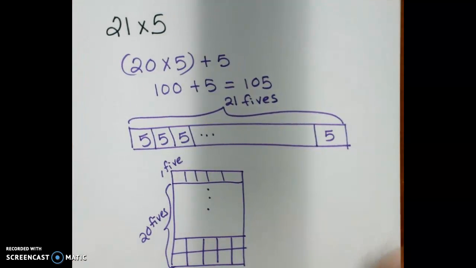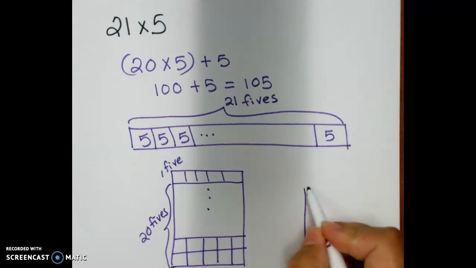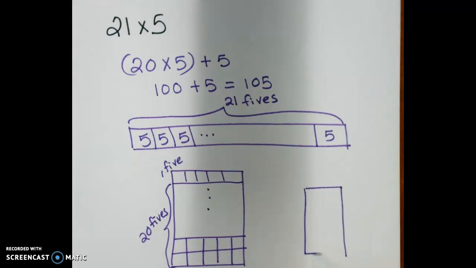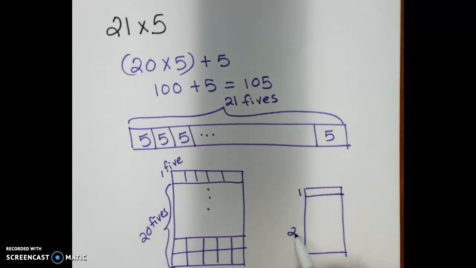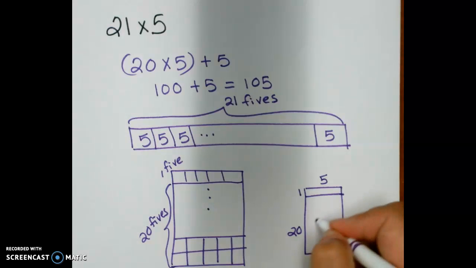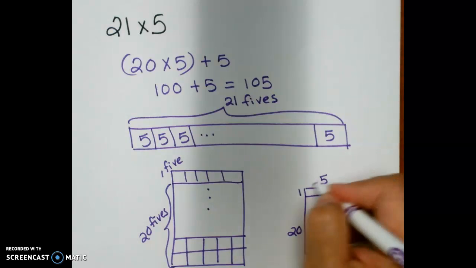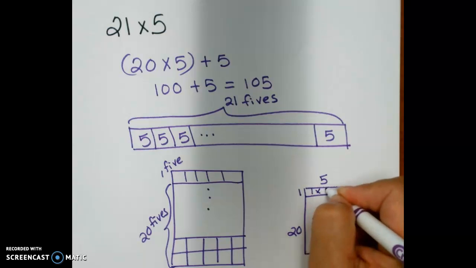Okay, I could also do it this way, and you'll remember this looks like the area model. I have 1, I have 20, and I'm multiplying it times 5. So 20 times 5, 1 times 5.